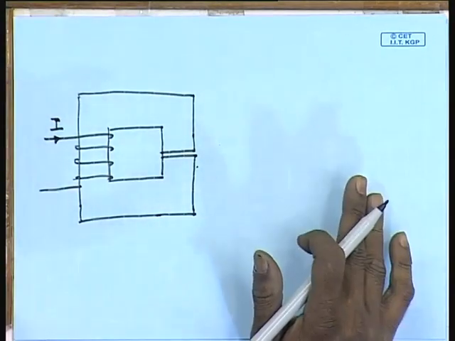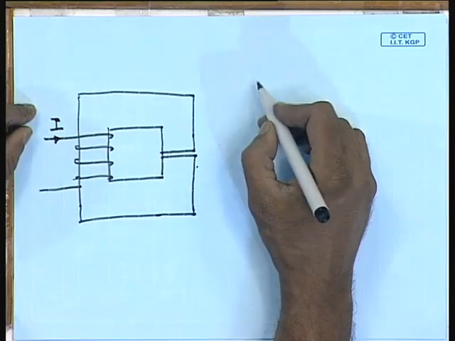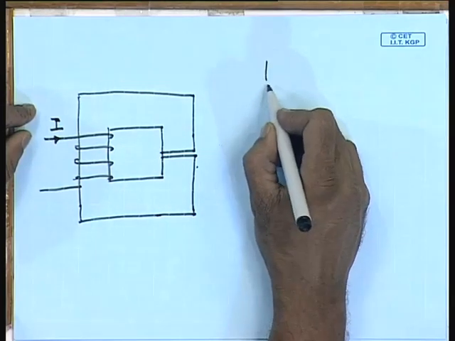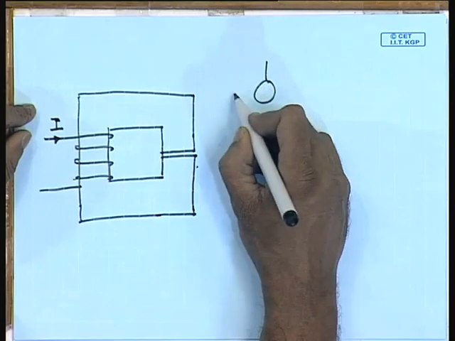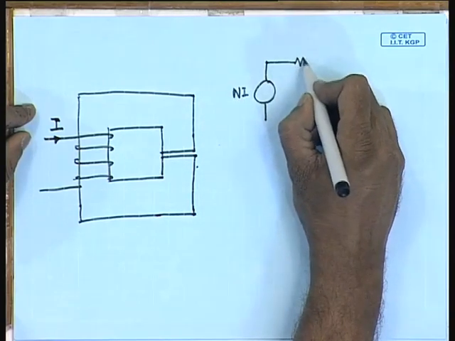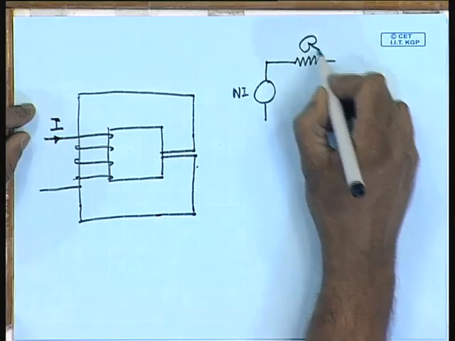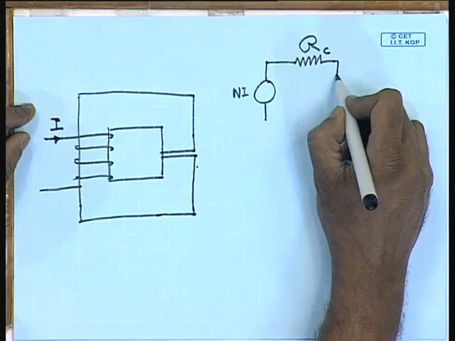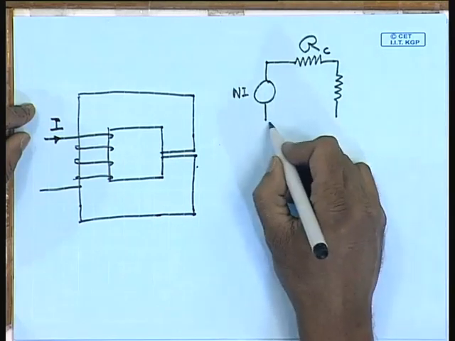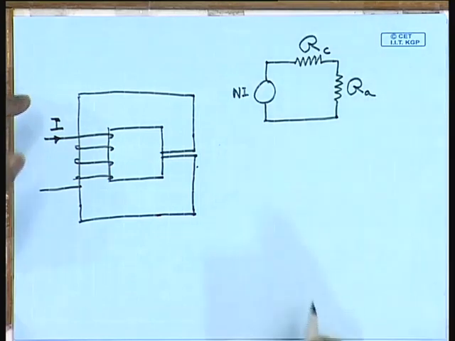In an electrical case, it would have been simple. This is basically a series circuit. We could have drawn it as an MMF source Ni, reluctance of the magnetic path, magnetic core R core, in series with the reluctance of the air gap R air.